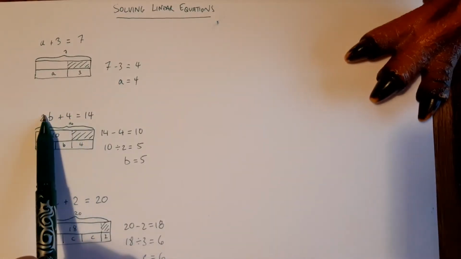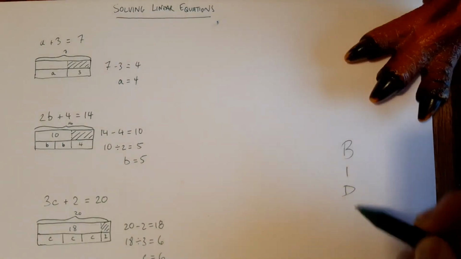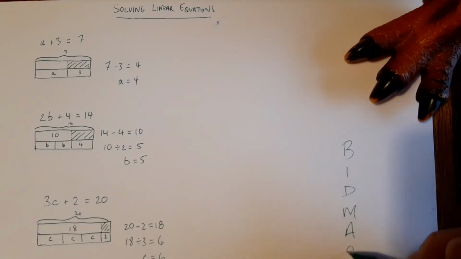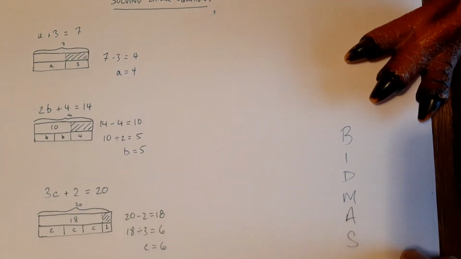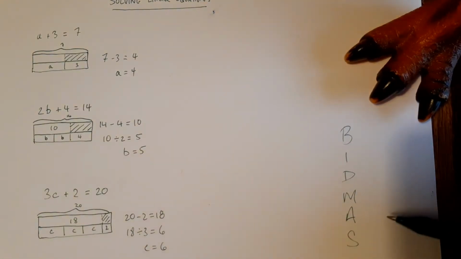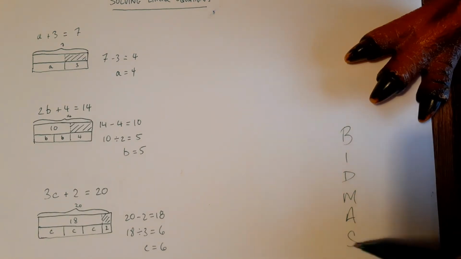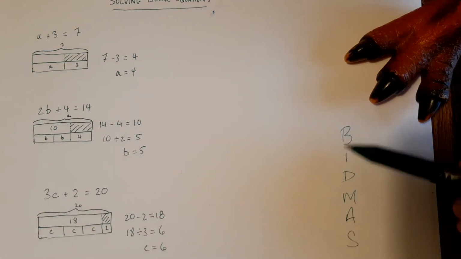It's almost like BIDMAS in reverse. Normally we do things in that order, but when we're solving, we start at the bottom and work up. We adjust the adds and takes first, then the divides and multiplies, and do the things at the top last.